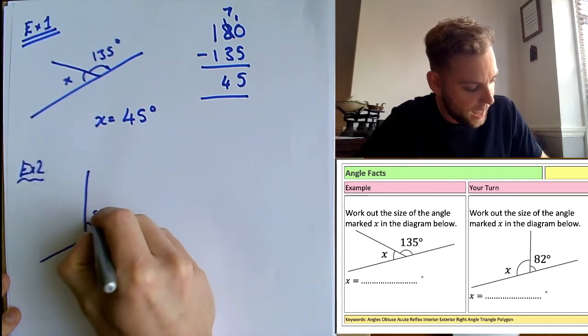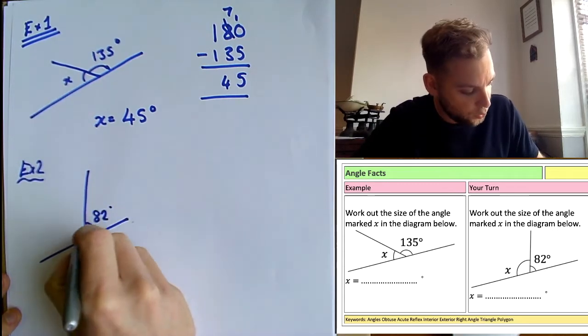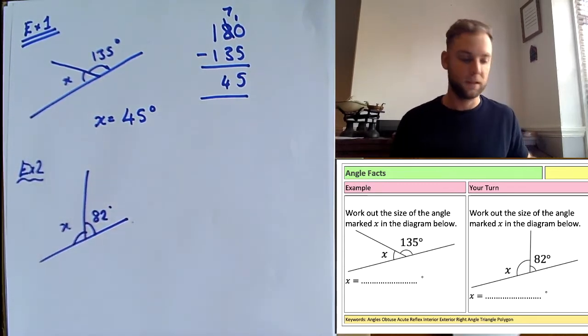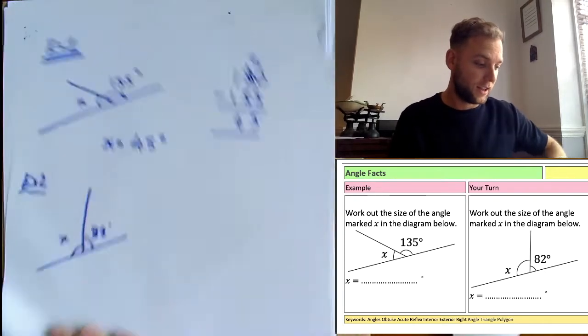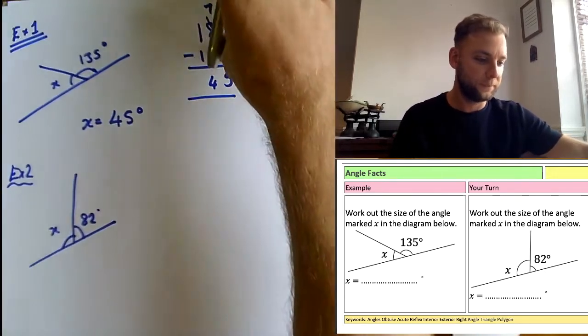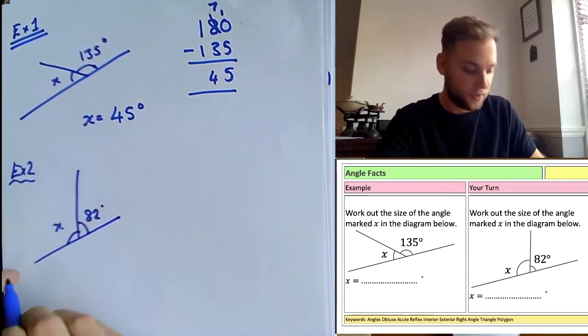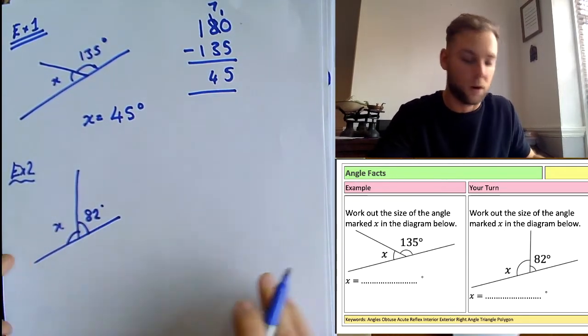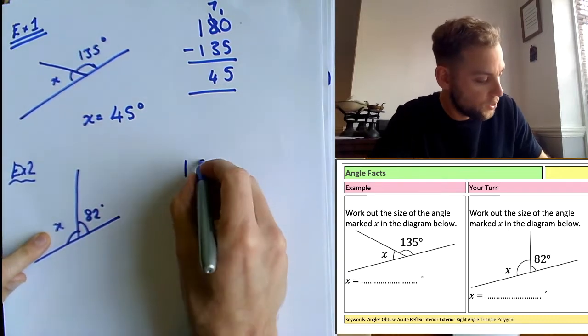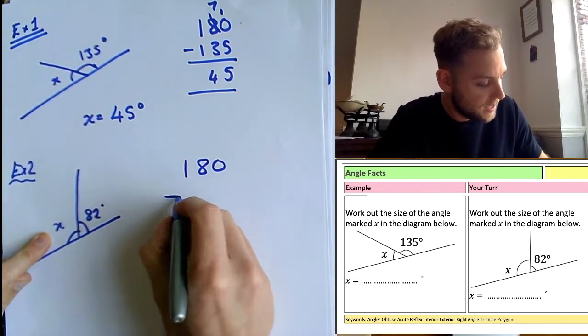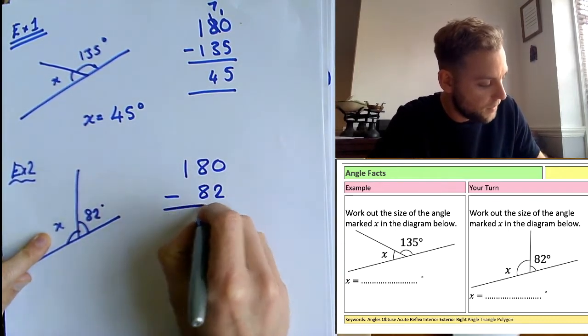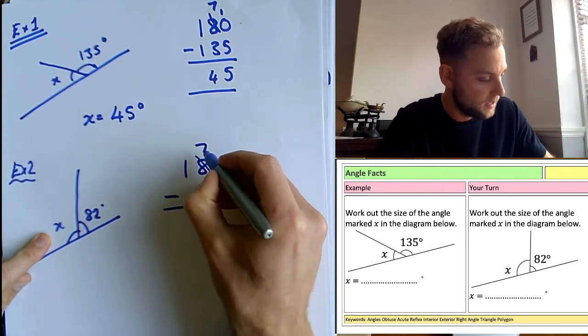So here we've got 82 degrees there, and we're trying to find this angle here. So we know that angles on a straight line sum to make 180. Okay, so this plus this is 180, so 180 take away this one is going to be what's left over. So 180 take away 82, you might be able to do that in your head. I'm going to do it like this.